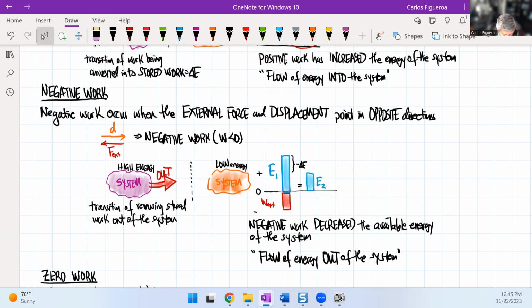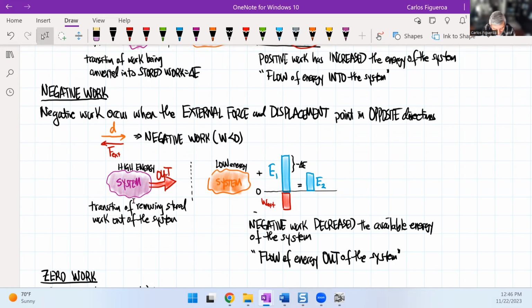Physically, when negative work is done, we are taking some of this stored work or energy and pulling it out of the system. In other words, the system goes from a high energy state to a lower energy state. Again, this working process is a transitional thing that changes the energy of the system.